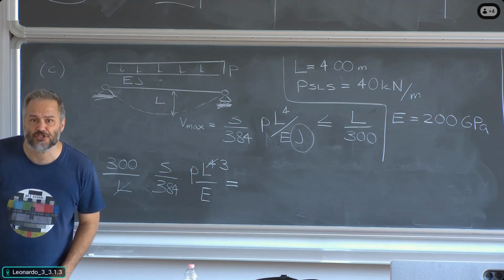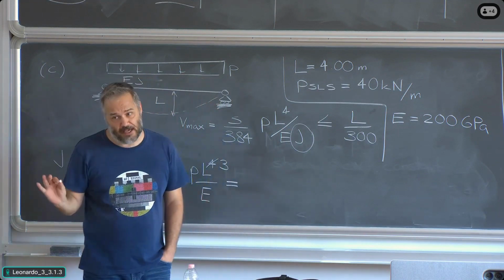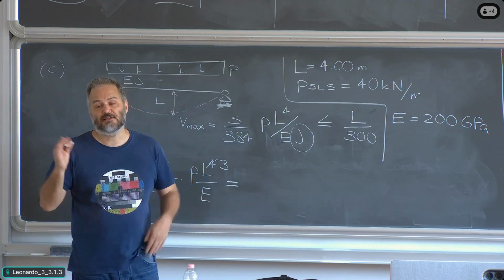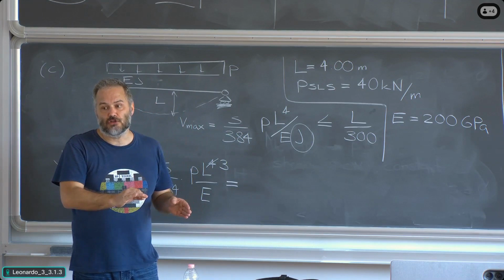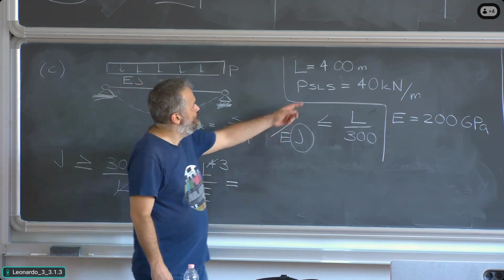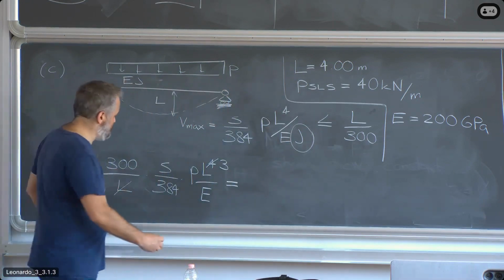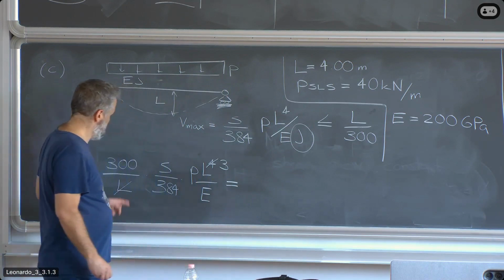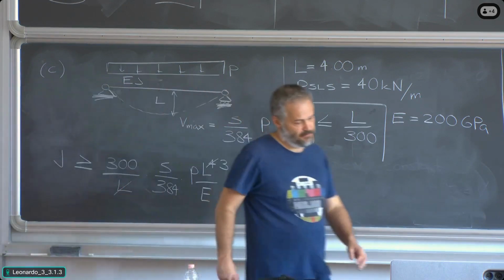Now, my suggestion to you is, of course, you are free to work as you like. My suggestion is bring everything to newtons and millimeters. Okay? So, these are numbers, so I can simply do the multiplication or simplify it.